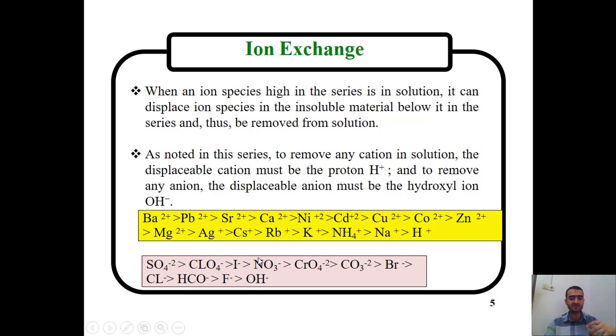So if nitrate is in the solution, it can be easily replaced with hydroxide, and the same goes for carbonate and bromide, using the same concept. The hydroxide will replace all the ions that came before, and hydrogen will replace all the cations that came before.